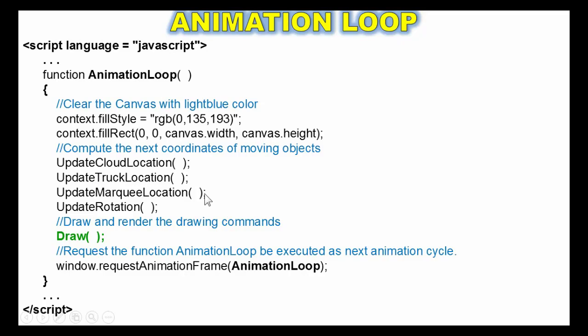And you can compute the changing values of the x and y of those objects that you want to move across the screen by creating another function and placing the computed new location for the x and y for that object so that it will move.